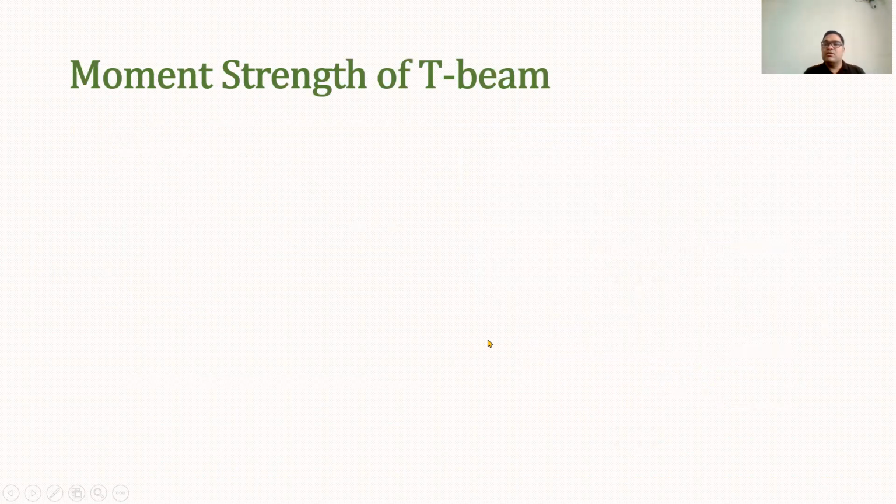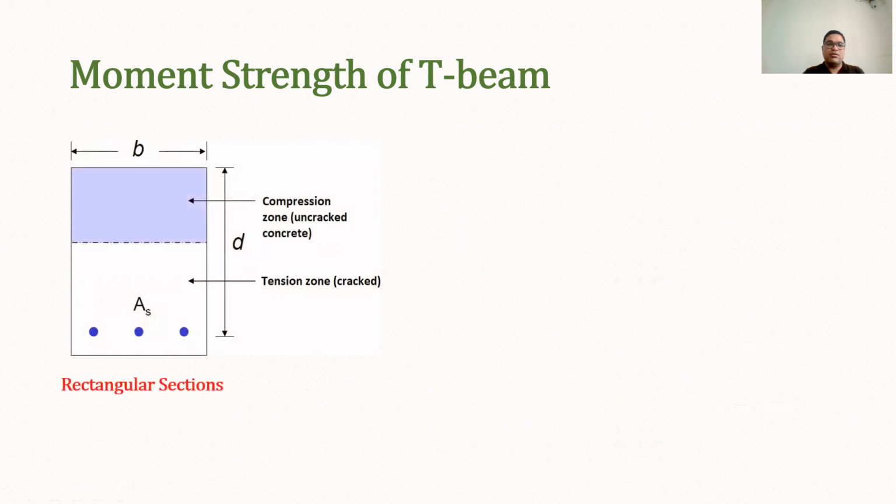Now considering the moment of resisting strength of a T-beam. To understand the moment of resistance of a T-beam, first we will see how we calculate the moment of resistance of a rectangular beam. In a rectangular beam, we know that when there is a positive bending moment, if we draw the neutral axis, say this is the neutral axis, only above the neutral axis, the area of concrete is active or available to take compression force.